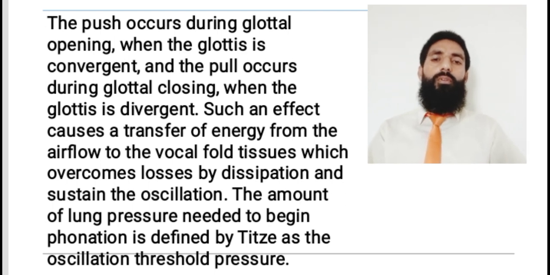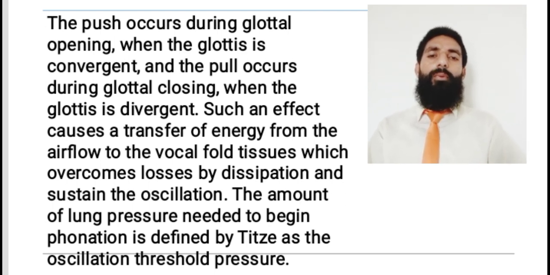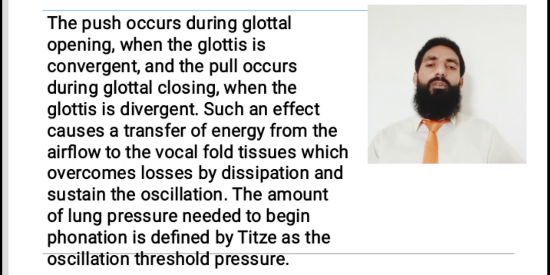The push occurs during glottal opening when the glottis is convergent, and the pull occurs during glottal closing when the glottis is divergent. Such an effect causes a transfer of energy from airflow to the vocal fold tissue, which overcomes losses by dissipation and sustains the oscillation.